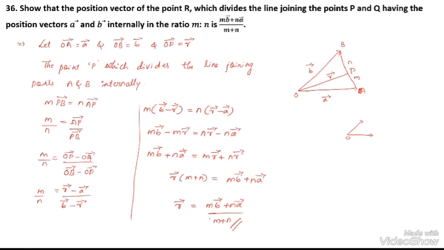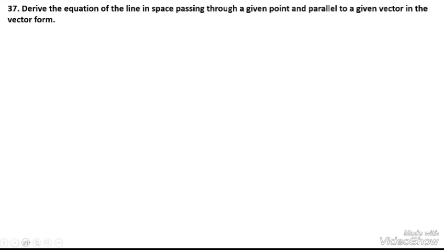Okay. Now let's move on to question number 37. Derive the equation of the line in space passing through the given point and parallel to the given vector, in vector form. Here, first I can draw the equation of the line in space.